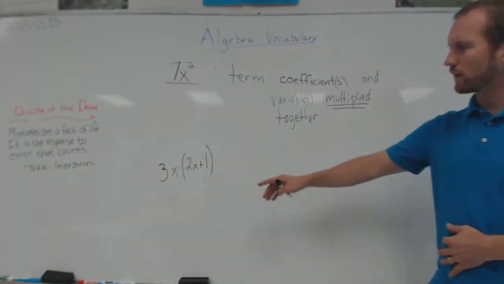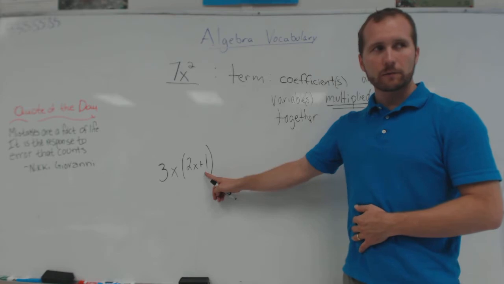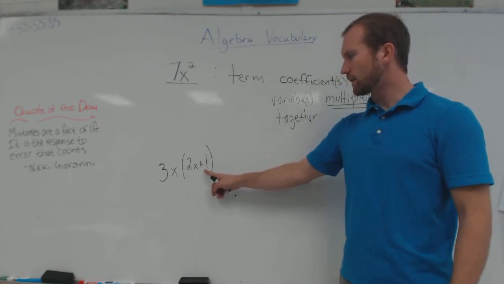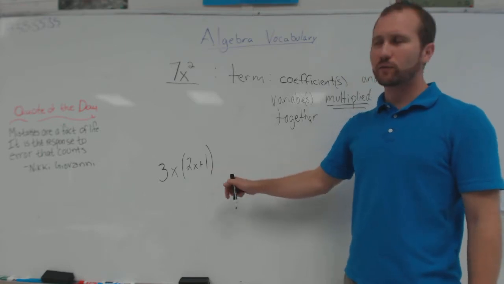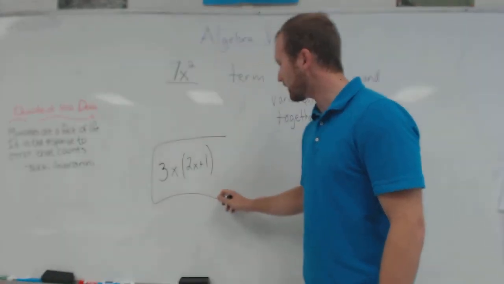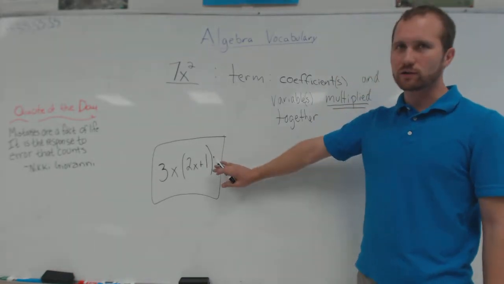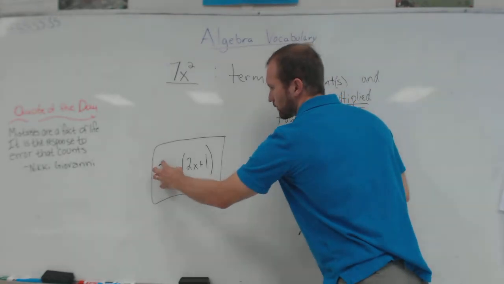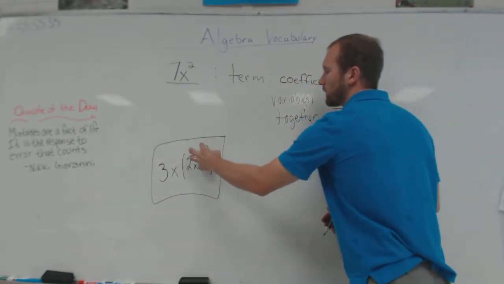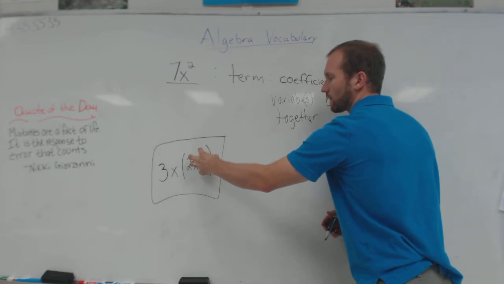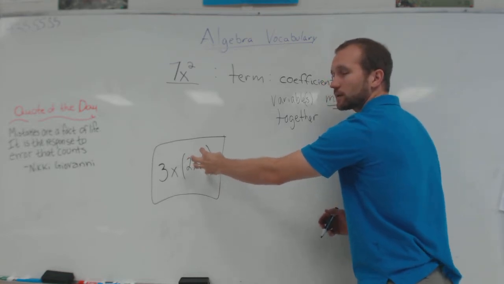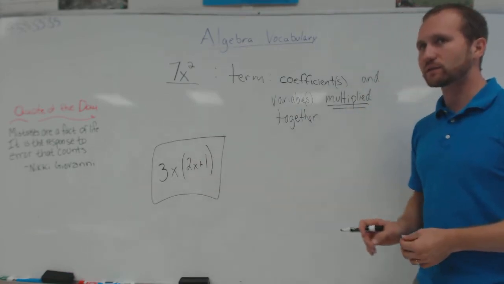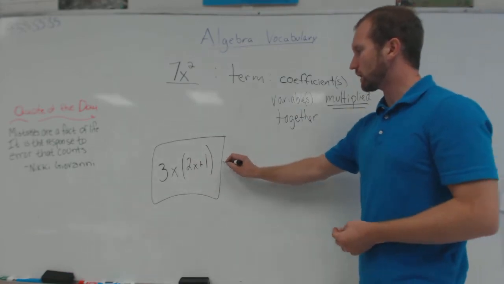So within these parentheses we have two terms, 2x and 1. But if we look at this whole thing together as a whole, this is one term. Right? Because this 3x, this chunk, is being multiplied by this chunk, whatever that equals together. So parentheses can form factors in a term. Right? So this is one term.